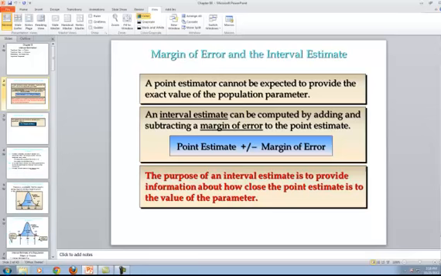Hence, what will improve our estimate is if we can say the average height of City College students is 68 inches and a certain margin of error, some plus or minus inches around our estimate. So, as the letters in red point out, the purpose of an interval estimate is to provide information about how close the point estimate is to the value of the parameter.